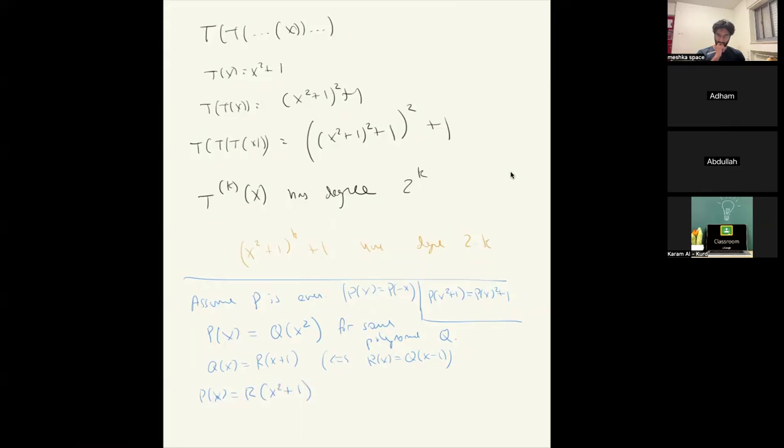Okay. So what does it mean? Let's say I wanted to claim that these are all the solutions. They all come from iterating T. This is a very nice thing because it's telling me that P is some polynomial R applied to T. Do you guys see?